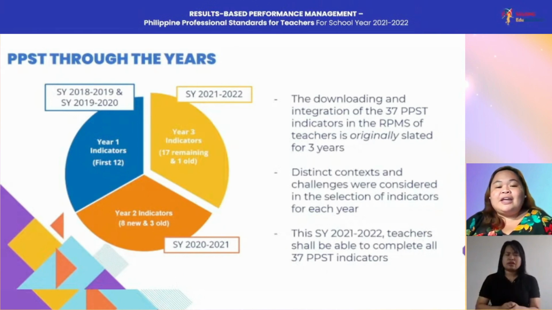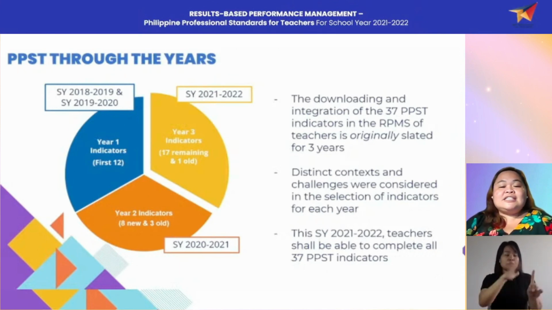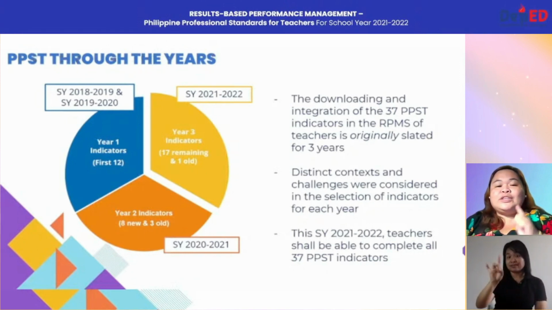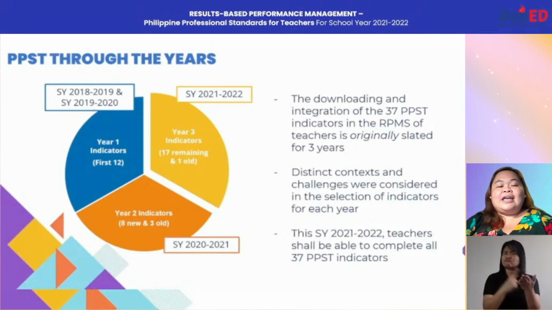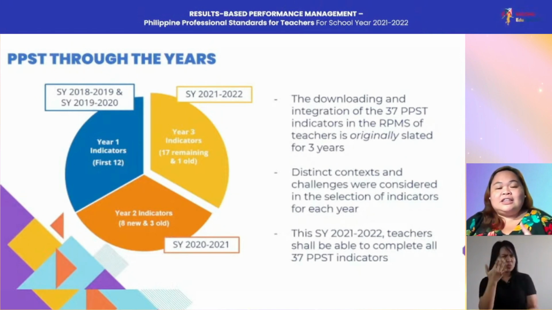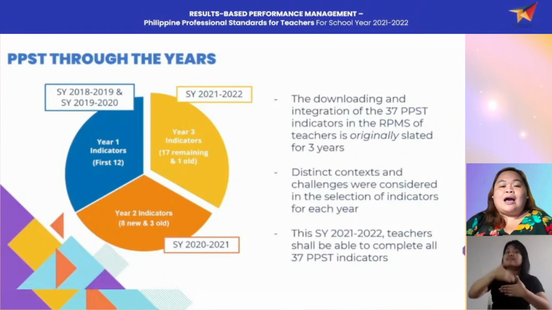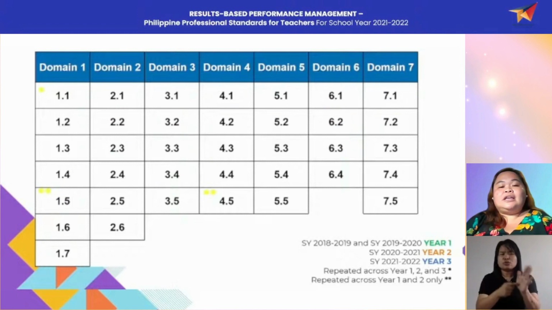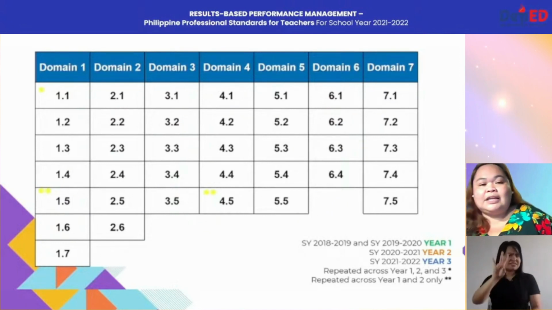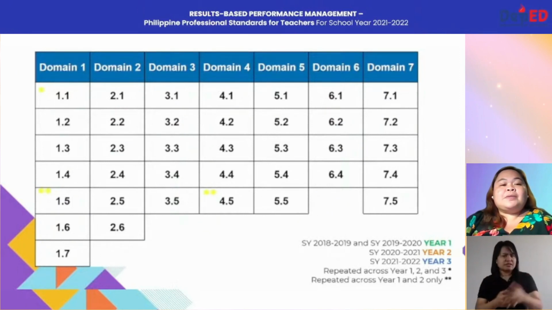They are the remaining indicators that will make up for the 37 indicators that were gradually released since 2018 or school year 2018. So to discuss in detail why I mentioned that the indicators for this school year are not new, for my next slide, I'll walk you through how these 37 indicators were gradually downloaded in our RPMS.